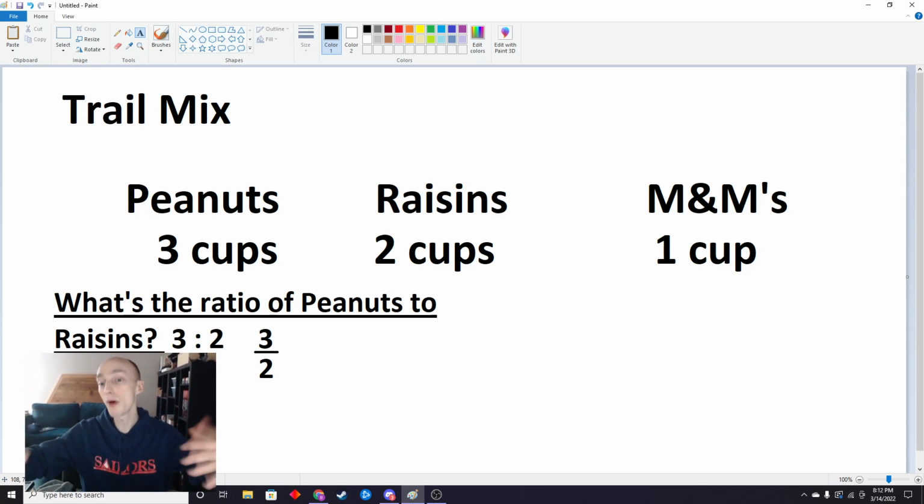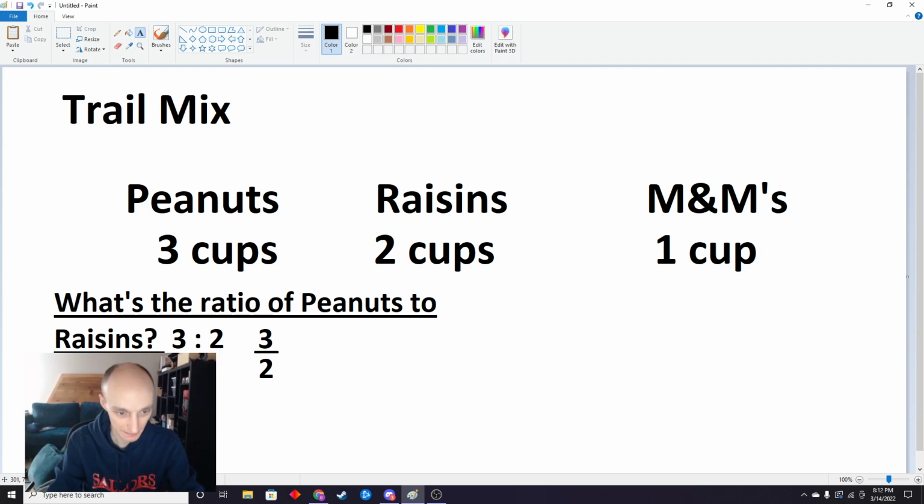So if I double all of them together, all of their amounts, then the final trail mix bowl that I have is going to be the same mixture, right? I'm not going to have way more peanuts than I am raisins or M&Ms by just increasing the amount, as long as I do it all the same.